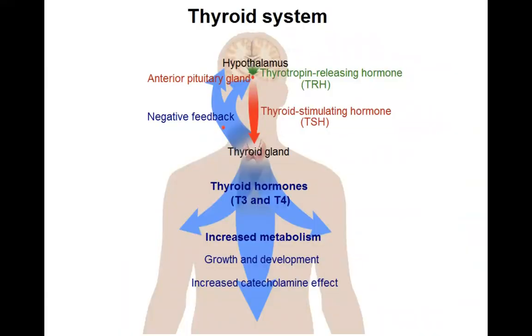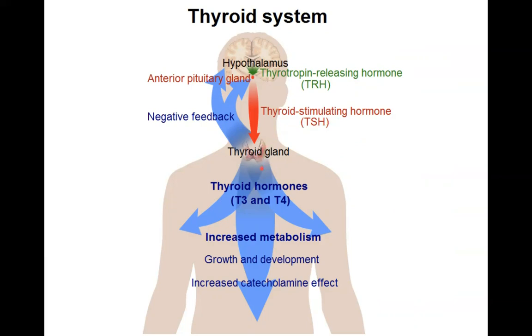So the thyroid system can be studied better. The hypothalamus produces the releasing hormone. This stimulates the pituitary gland to produce the thyroid stimulating hormone, which will increase the production of thyroxine and increase metabolism. Once the metabolism has increased, it will tell TSH to stop stimulating the thyroid gland, and it will tell TRH to stop stimulating the pituitary gland.